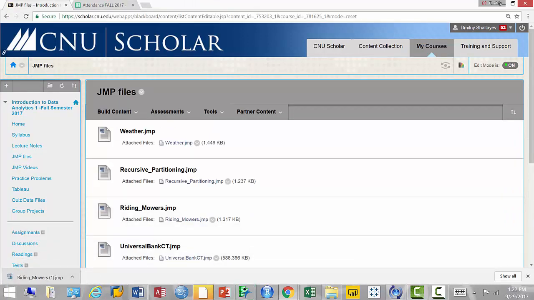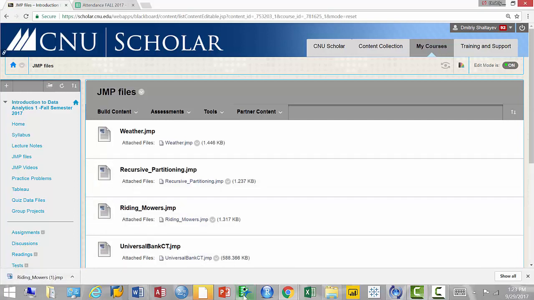So the words big data I'm going to be purposefully avoiding, because the techniques and models that we're going to be discussing in this class equally apply to big data or small data. It's the same exact principle. The difference is that when you're dealing with big data, the data set is very huge, and you have to do some technical jumping through the hoops to make it happen, so to speak. Okay, so let's go ahead and open up the file Riding Mowers.